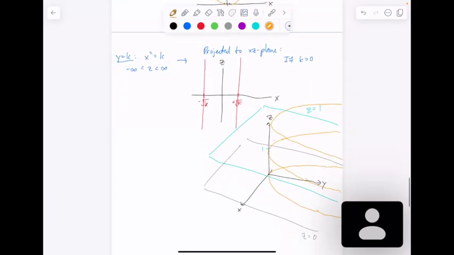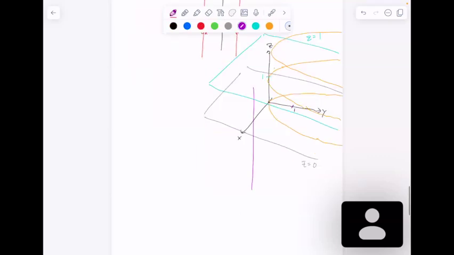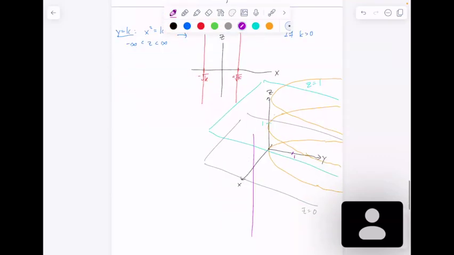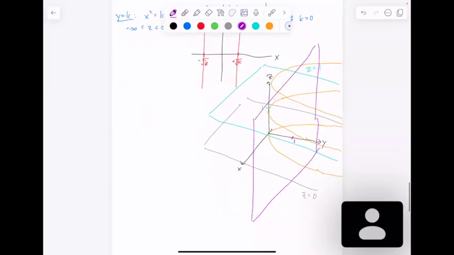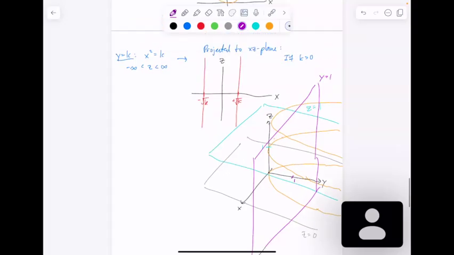And what happens when you slice it the other direction? Well, the other direction you could look at is I've built out the y equals k slices. So let's say when y is equal to 1, I could have a vertical plane here that's given by y is equal to 1. And how does this purple vertical plane y equals 1 intersect with my shape y equals x squared?